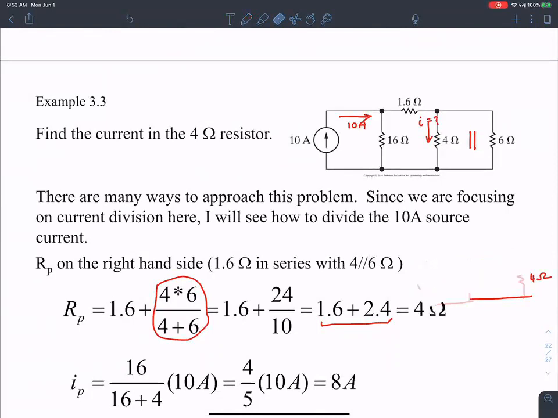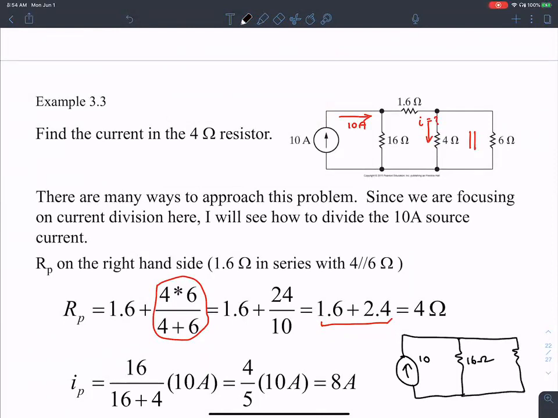Let me redraw this. There is a total of 10 amperes here, in parallel with 16 ohms, which is in parallel with 4 ohms. That 4 ohms is different from this 4 ohms.